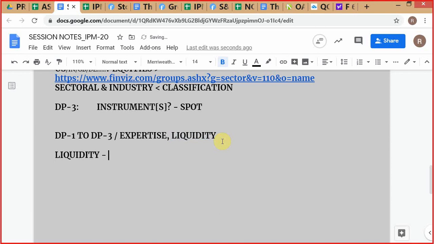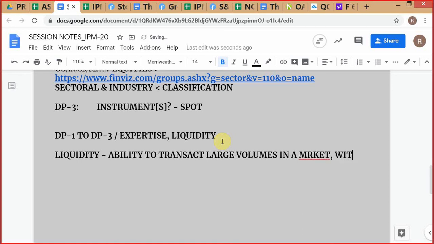Liquidity means the ability to transact large volumes in a market without significantly impacting the price.